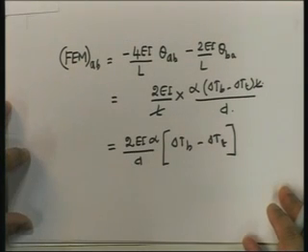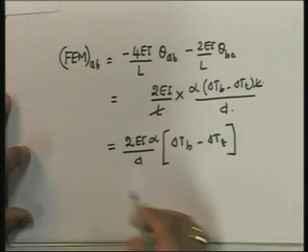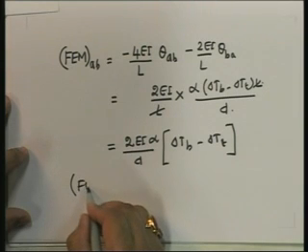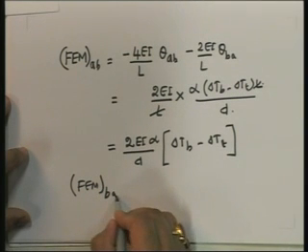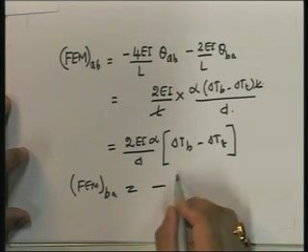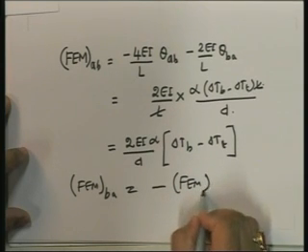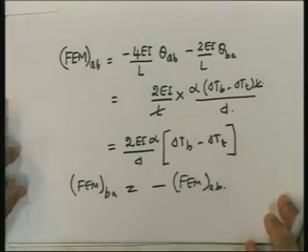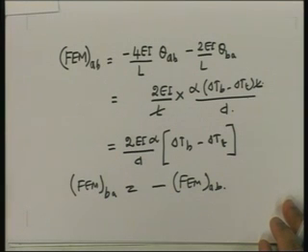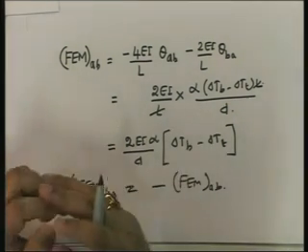And the other one, fixed end moment at BA, is going to be equal to minus fixed end moment at AB. So these are the fixed end moments due to the rotation.